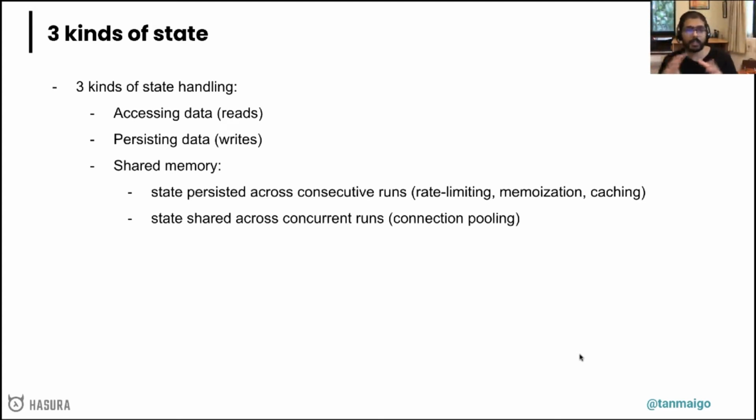So that's another case of dealing with state inside the context of an application server. You're not persisting stuff, or accessing stuff from a persistent store, but it is in memory and using, let's say, a clock. So those are the three types of dealing with state that I'm going to talk about.